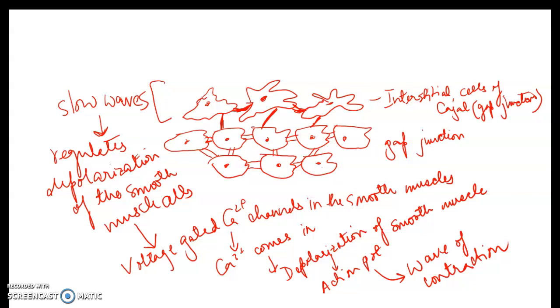So these cells are considered pacemakers because they produce the slow waves. If the slow wave is strong enough, that leads to depolarization of the smooth muscle cells by opening up calcium channels in the smooth muscles. As these voltage-gated calcium channels open up, calcium rushes in, resulting in depolarization, which results in an action potential, and a wave of contraction originates in the smooth muscle layer of the intestine.